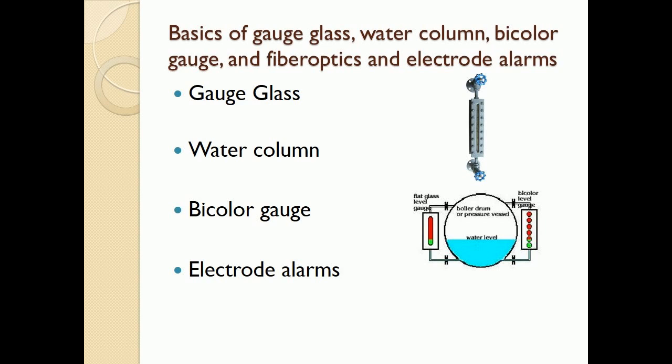Water columns only work in very low pressures. Bicolor gauges have been used for years in combination with closed-circuit television. Fiber optics provide a direct view of a lighted gauge glass, and electrode alarms work on the conductivity of the water in the column to light a light in the control room.